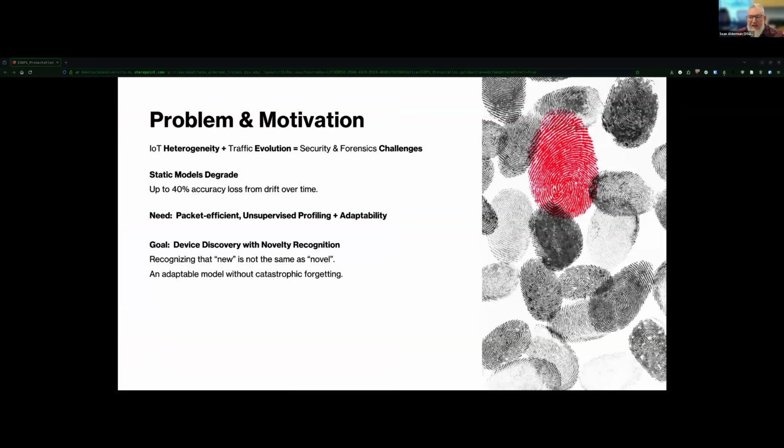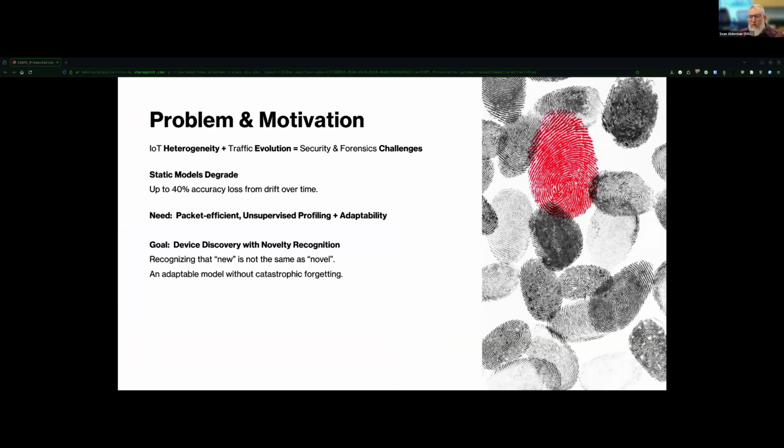IoT networks are incredibly dynamic and heterogeneous, and device behavior is constantly evolving. Devices join, they leave, firmware updates happen, and changes in behavior due to legitimate new features or device compromises all lead to a very unpredictable environment. That combination creates a lot of real headaches for defenders and investigators.